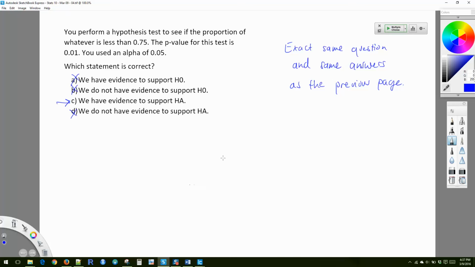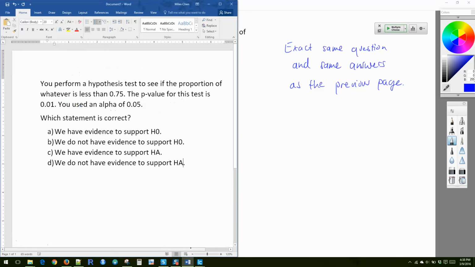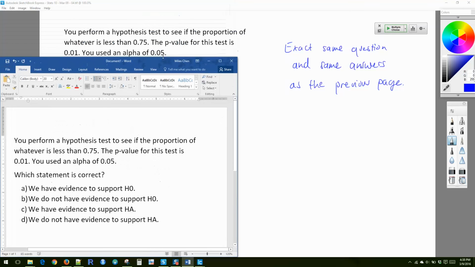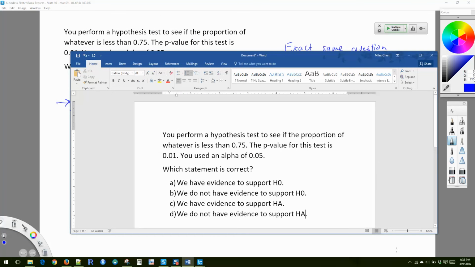These statements are written in the positive form, talking about supporting the null. The same question can also be written in the negative form.